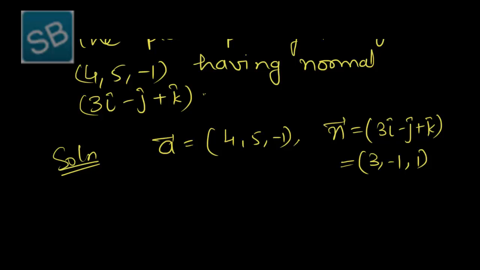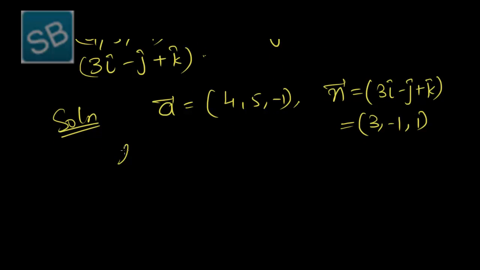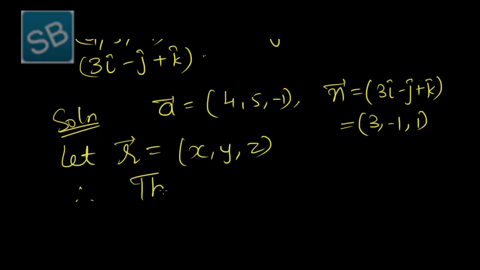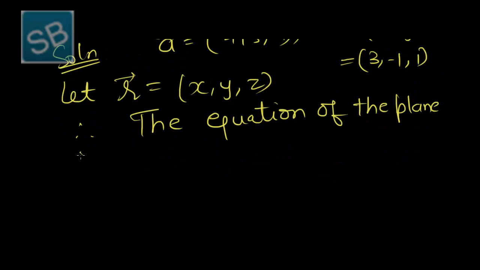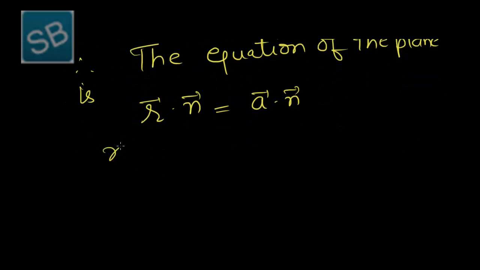So as we know, let r be x, y, z. Therefore, the equation of plane is r dot n is equal to a dot n. So r is x, y, z dot n (3, minus 1, 1).